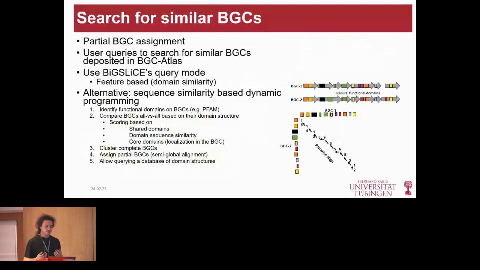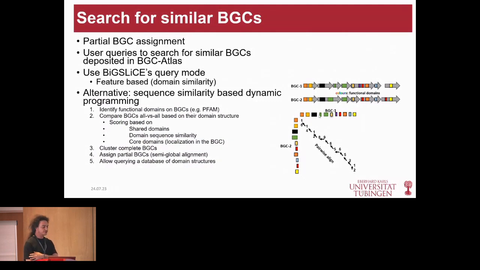And with so much data also come a lot of computational problems. One of them is the partial gene cluster assignment that I mentioned earlier, and the other is allowing users to query and search for similar BGCs deposited in our resource.